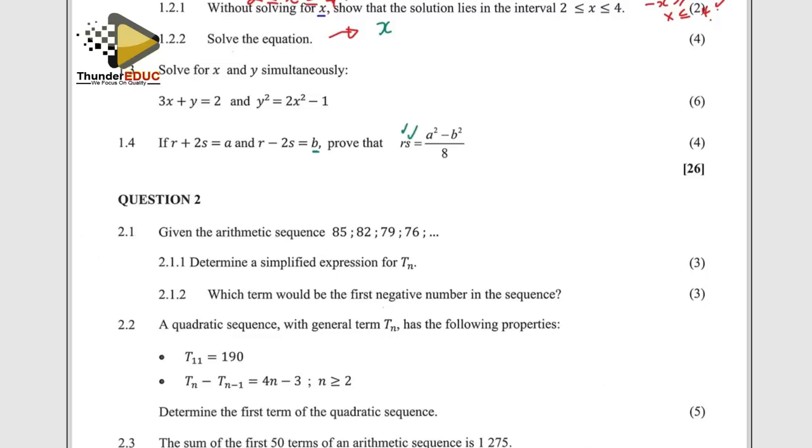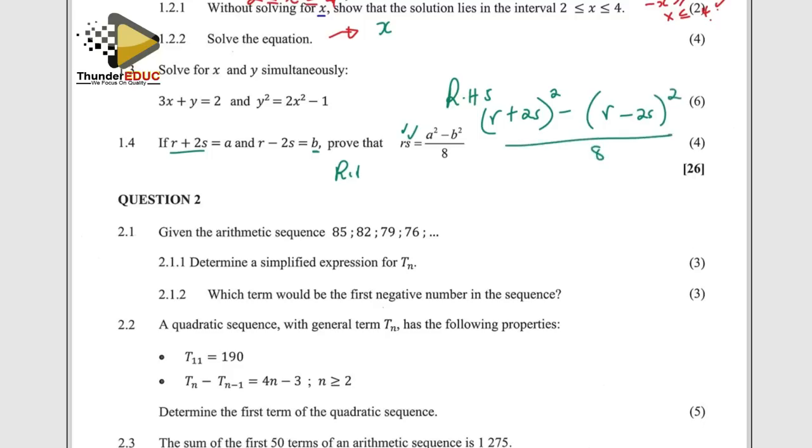So instead of starting from the left hand side, I'm going to start from the right hand side just to prove that. So where there is a, I'll replace that. So it's going to be r plus 2s but squared, minus where there is b, I'll put r minus 2s but squared. This must be over 8.